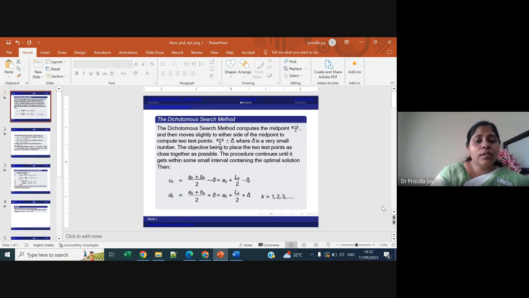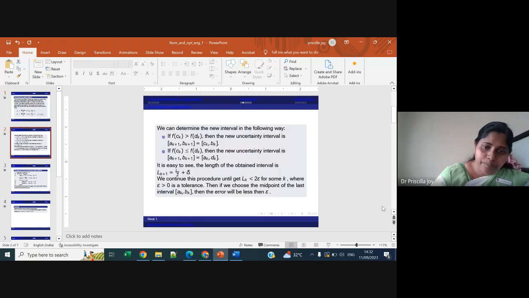Now AK plus BK divided by 2 minus delta, and the other one is AK plus BK divided by 2 plus delta. Again, we can simplify this equation as AK plus LK divided by 2, that is length divided by 2, minus delta, and AK plus LK divided by 2 plus delta.